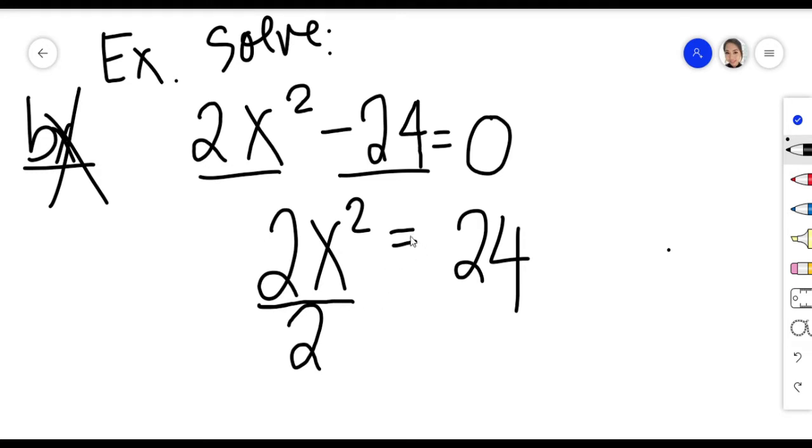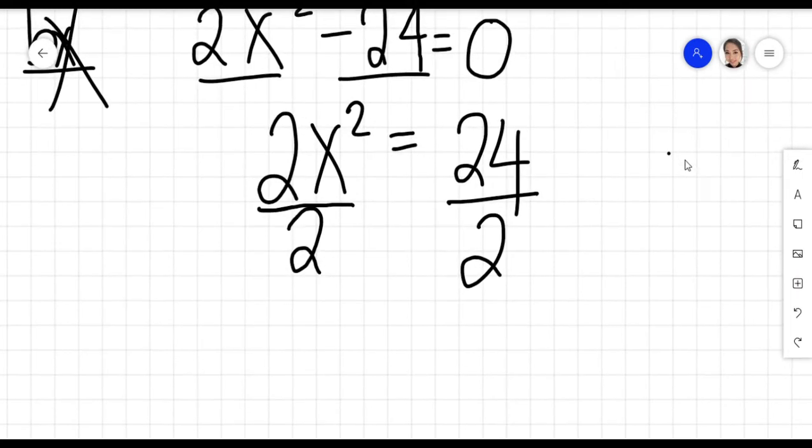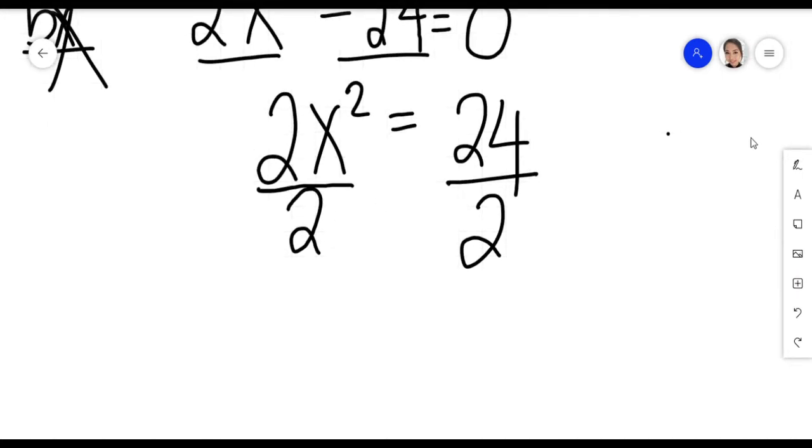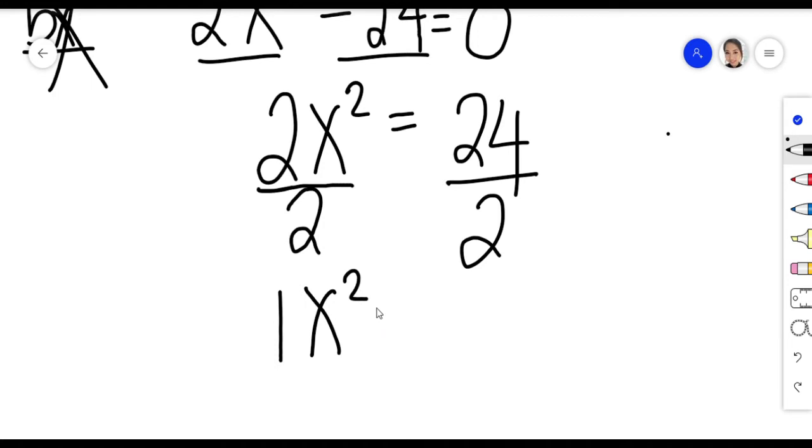Since we have to follow the rules of equality, we also have to divide this side by 2. Now, 2 divided by 2 is 1, copy x squared equals 12.